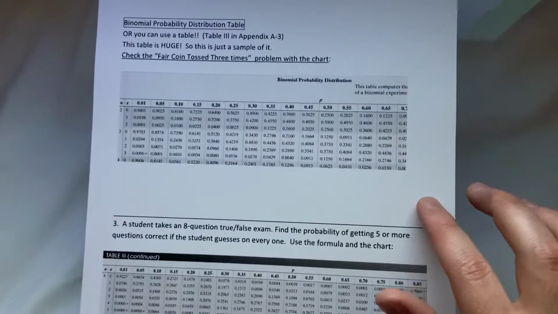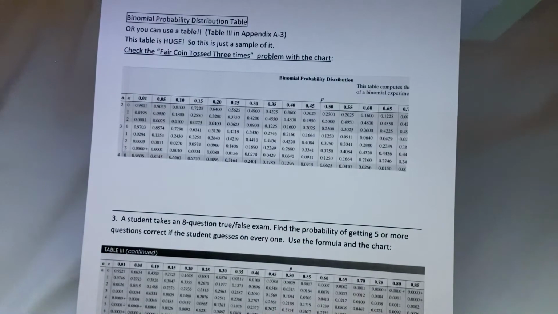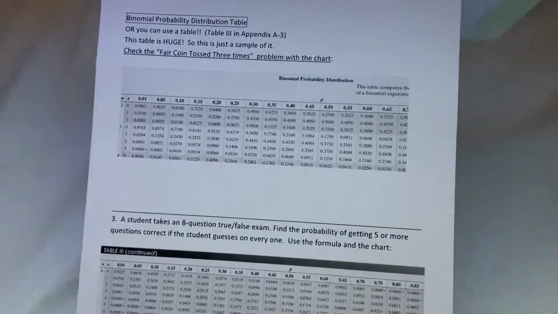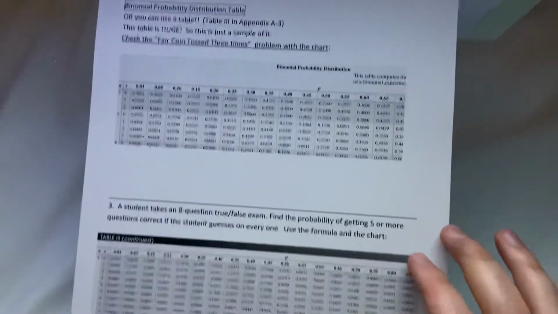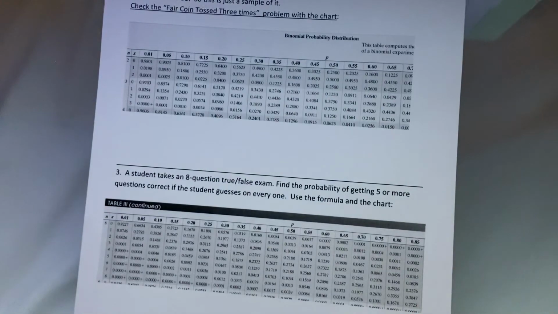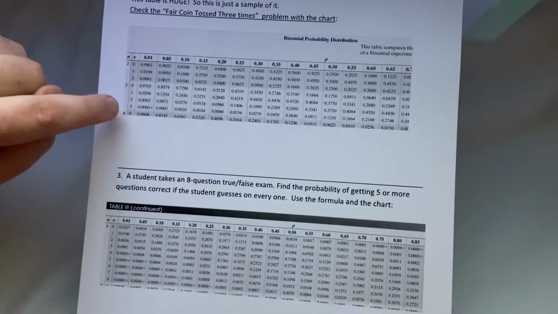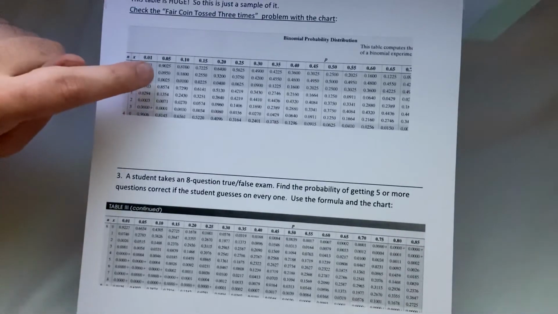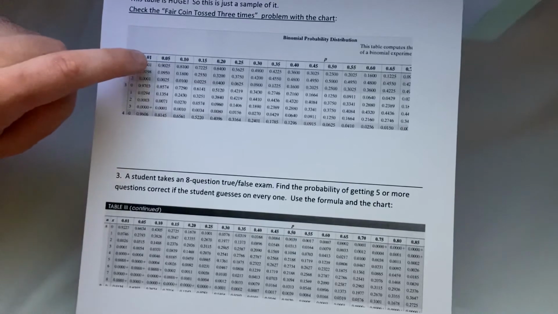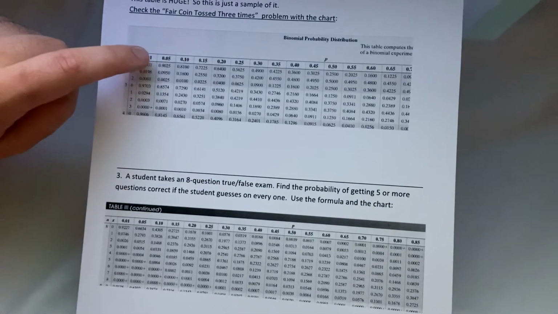So let's talk about this table, the binomial probability distribution table. One of these exists in your electronic textbook. We call it the binomial probability distribution. So what is this thing? This tells you your number of trials on the left, the number of successes, and your overall probability based on what your chance p is.